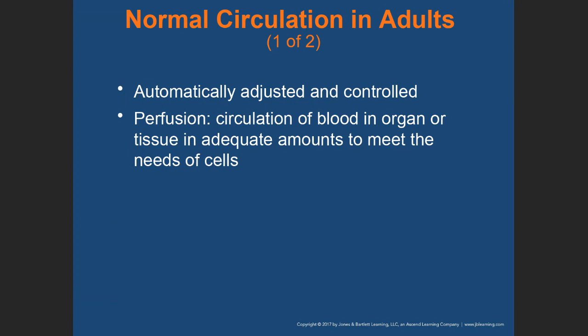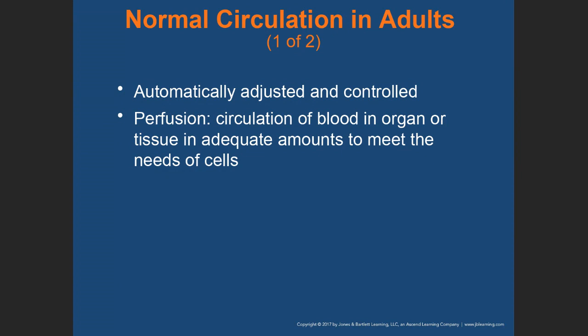So the cells need oxygen and glucose to produce energy. Once they have oxygen and glucose, they can produce the amount of energy that is required to metabolize or carry out their normal function.